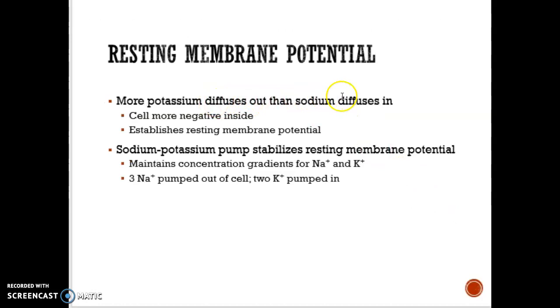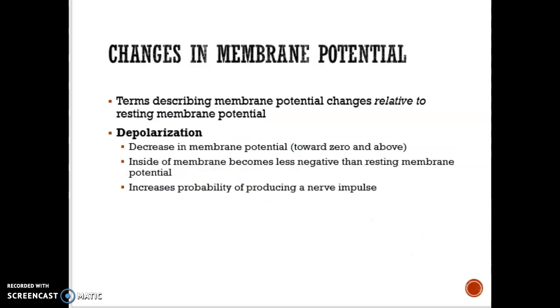So more potassium diffuses out than sodium diffuses in, and that causes the cell to create a more negative environment inside. Whereas when the sodium pump is working, it pumps in more sodium than it pushes out potassium, and that's what causes the change in the membrane potential. So as it changes, it goes through those phases.